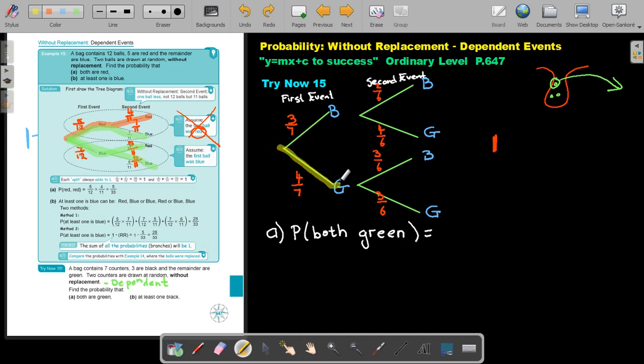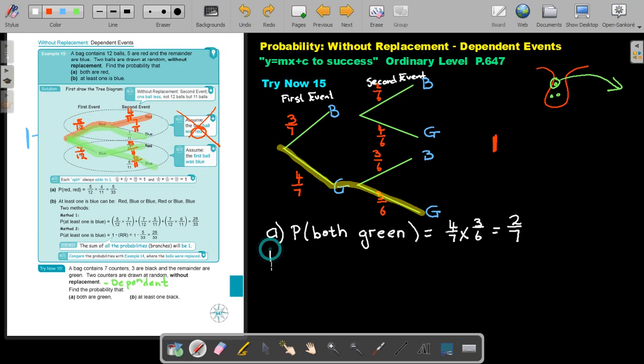What do I do in the branches? I multiply. So this is just going to be 4 over 7 multiplied by 3 over 6. You can use your ABC on your calculator. That's the easiest and the fastest. And it's 2 over 7.